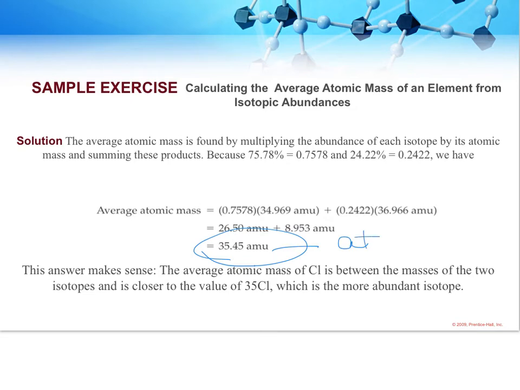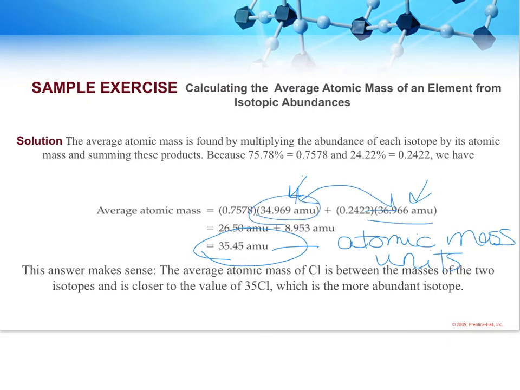AMU stands for atomic mass units. That is the mass scale we use for elements and teeny tiny things. And that makes sense. So remember, one of the isotopes has a mass of 34.969. The other has a mass of 36. So you know that the average atomic mass has to be between these two numbers.